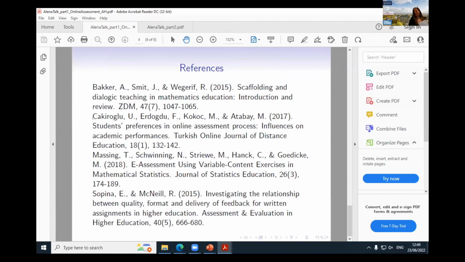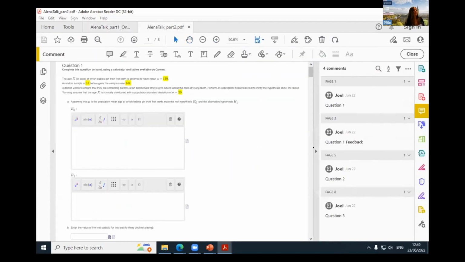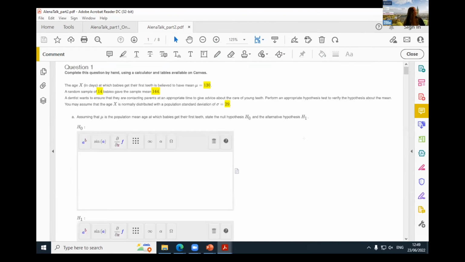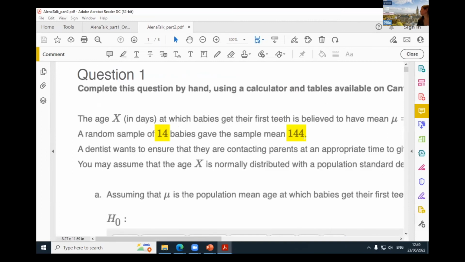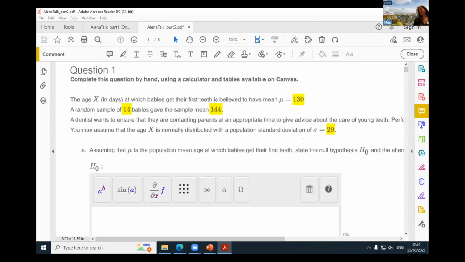But now what I really would like to show you is some sample questions in Mobius. To make it a bit bigger. So this is one of the examples of the questions I'm using.